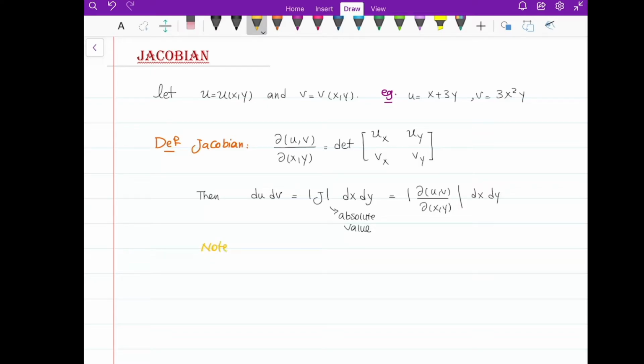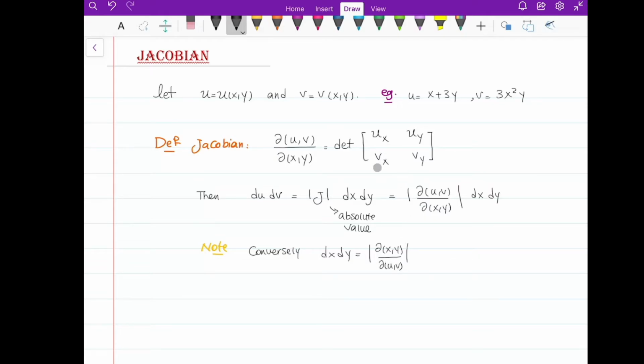Just a small note is that we have it also conversely. So conversely, if I have dx dy, I can define the Jacobian as the partial derivative of x and y with respect to u and v.